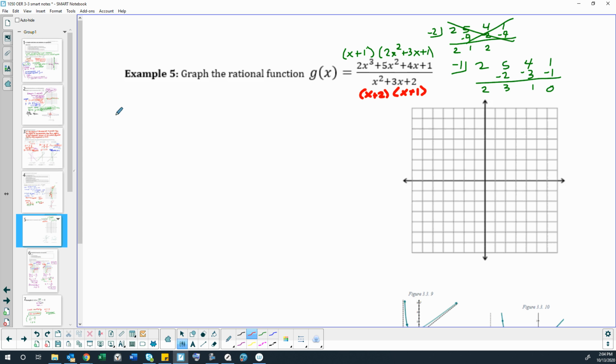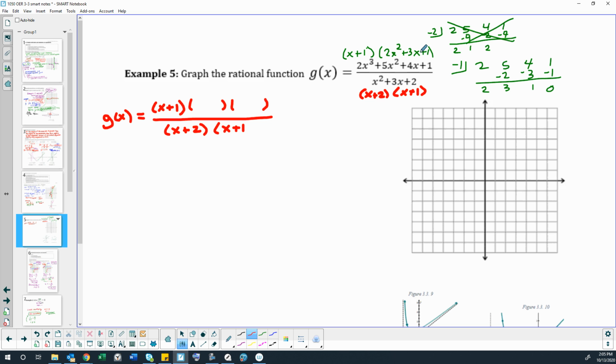So let's try again. So far, for our function g of x, we have the factors x plus 1. We're going to see if this other part factors or not. And then that's going to be over our factors x plus 2 and x plus 1.